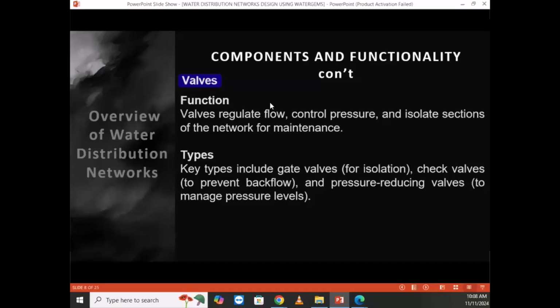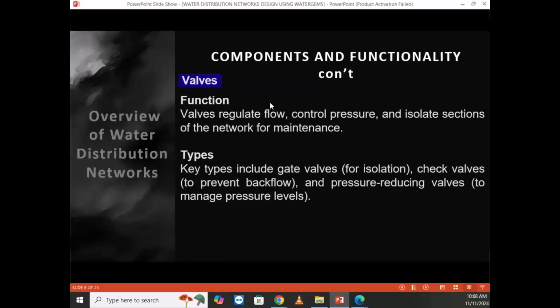So while designing, you have to make sure that the velocity in this pipe is not going out of this range. So the flow control valve will help you control the flow, and while you are controlling the flow, you are controlling the velocity, and you are also controlling the pressure.